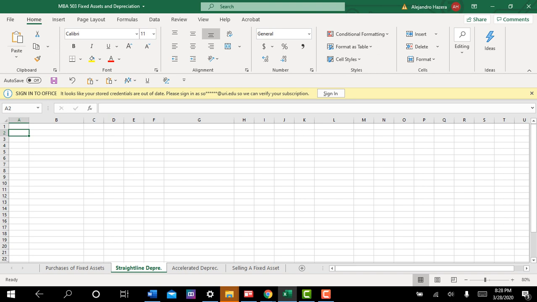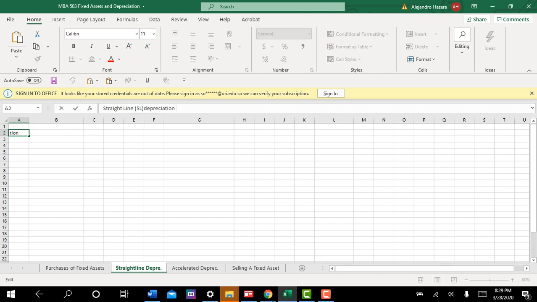Now, the major characteristic of straight-line depreciation is this. By the way, we usually abbreviate straight-line depreciation with the acronym SL. When you see SL depreciation, it means straight-line depreciation.